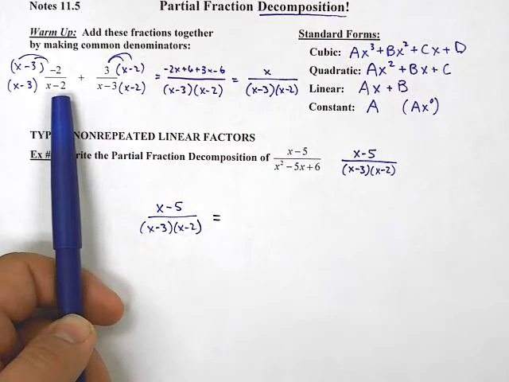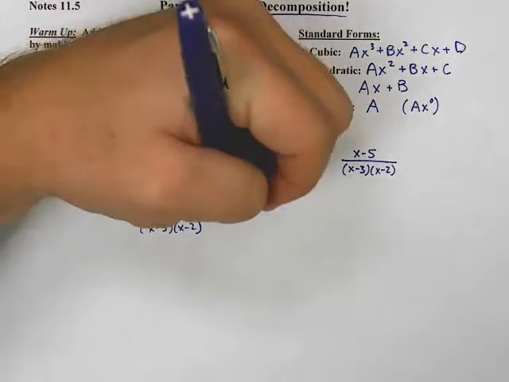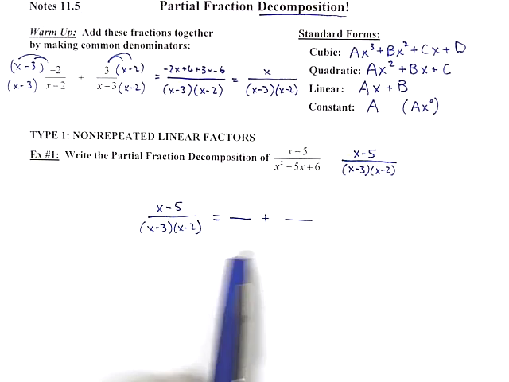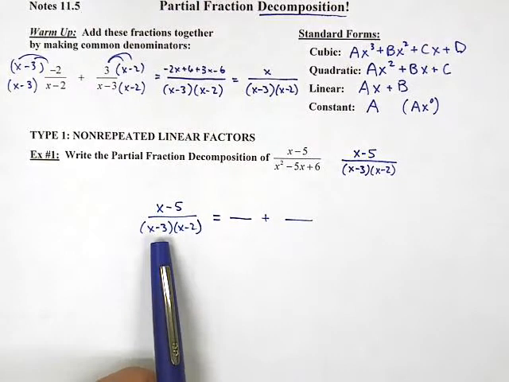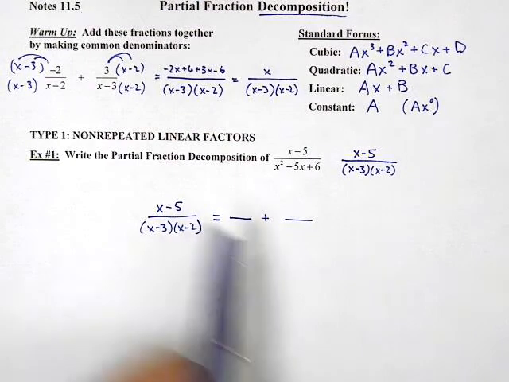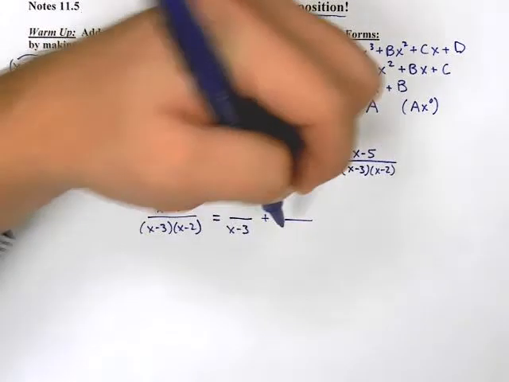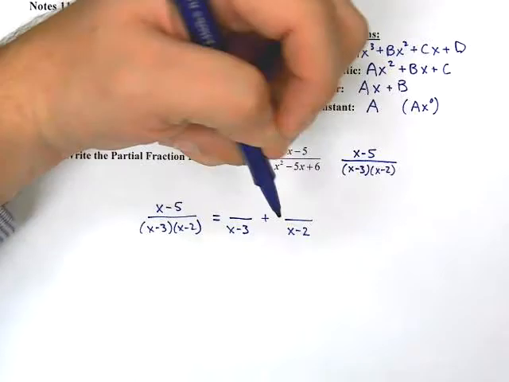So what I want you guys to do now, and what you'll always do, is split the denominator into separate pieces. So over here, I'm going to have an x minus 3. Over here, I'm going to have an x minus 2.